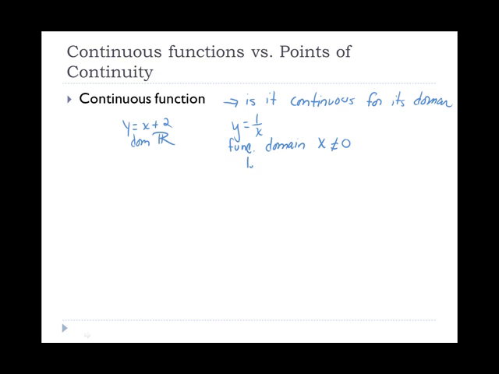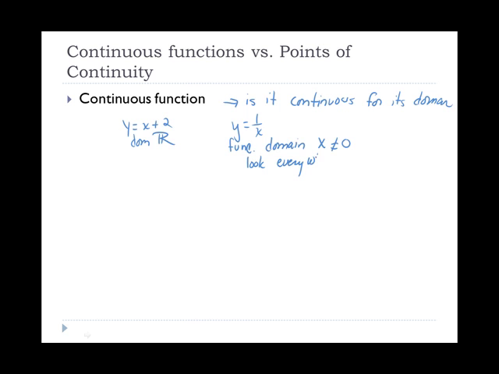Then you would look everywhere except at 0. So as long as to the left of 0 is continuous and to the right of 0 is continuous, then you say it's a continuous function, because you almost have to imagine that you can just pull out that x equals 0 piece, because that's not part of its domain.